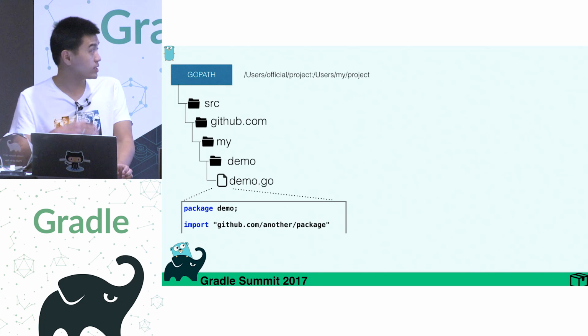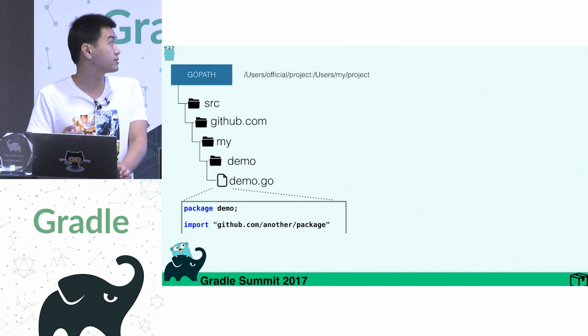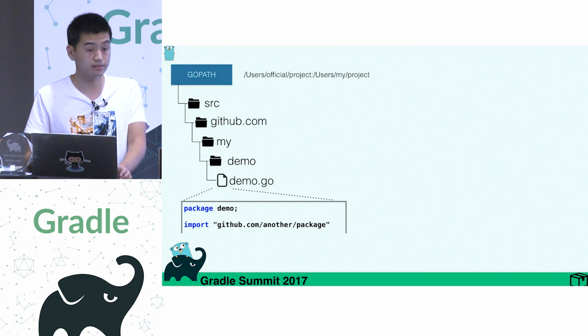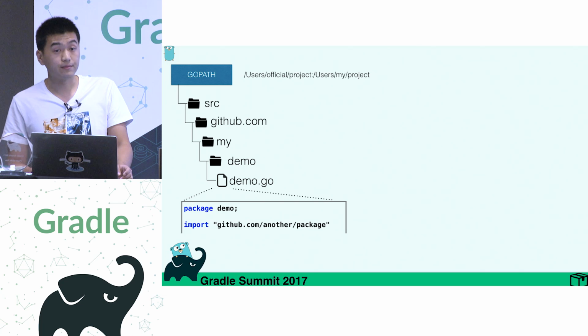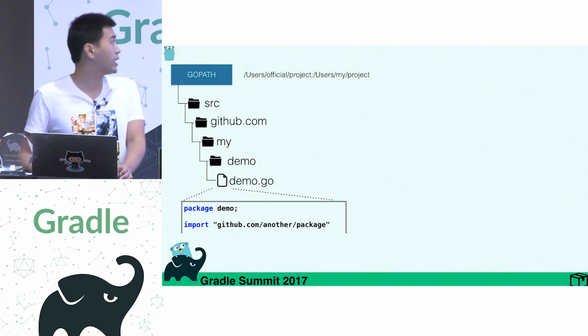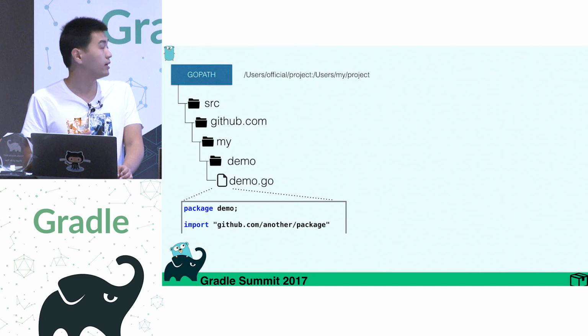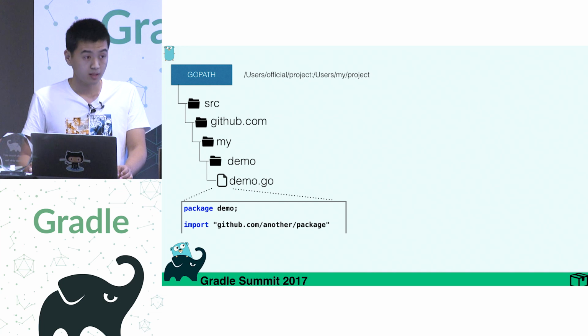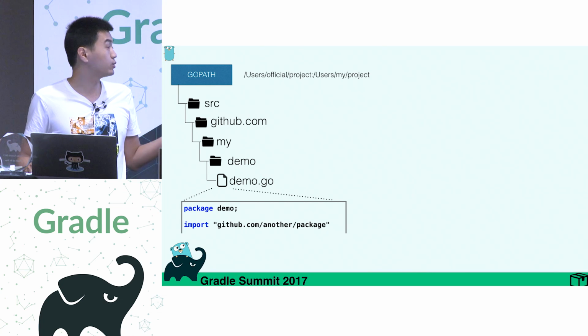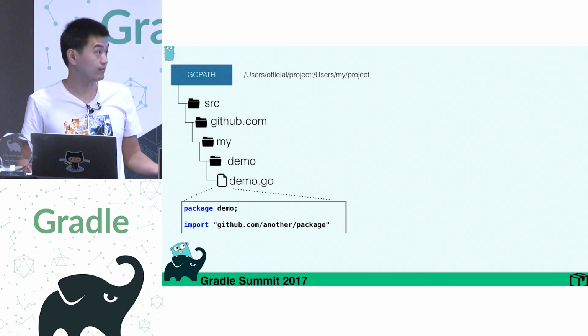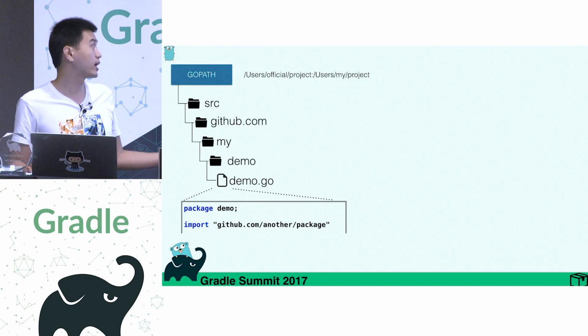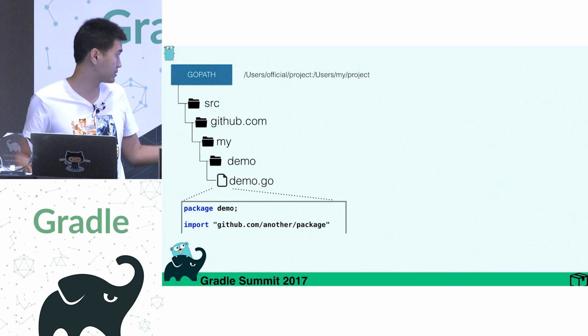In Go, generally speaking, all stuff is located in a global and single workspace named GOPATH. And all Go source code is located in the directory src. Go source code is grouped into packages, and its file system hierarchy indicates its package path.